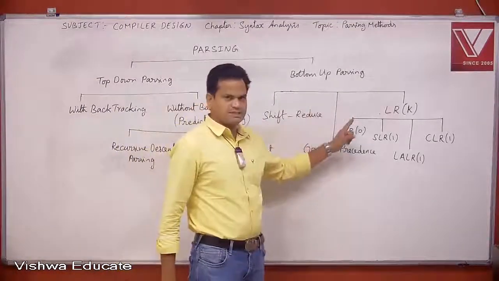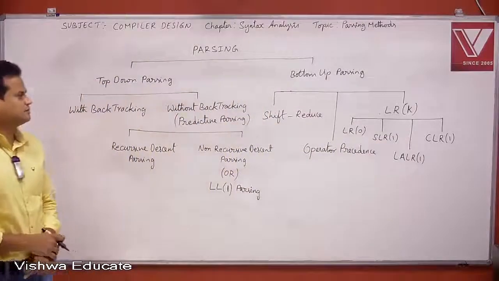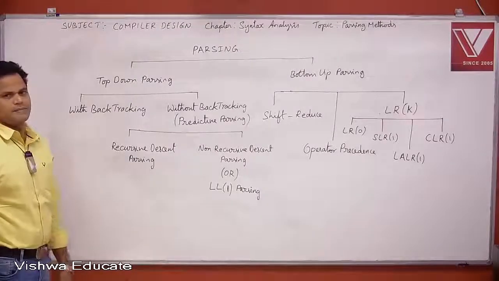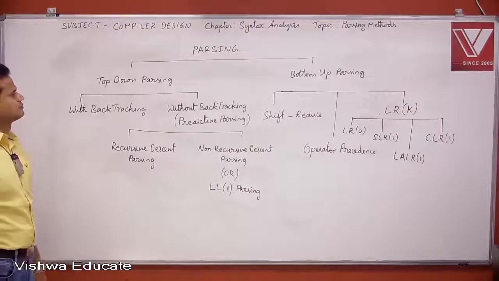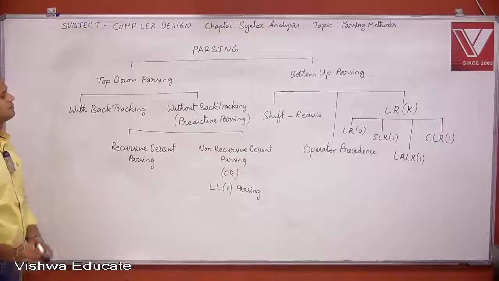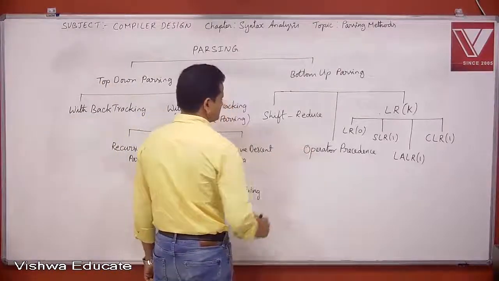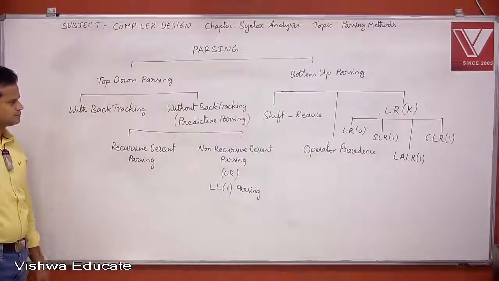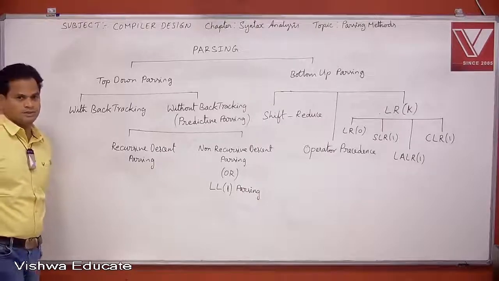Shift reduce, operator precedence, LR of K. In LR of K, LR of 0, SLR of 1, LALR of 1 and CLR of 1. Okay, we'll go to next.